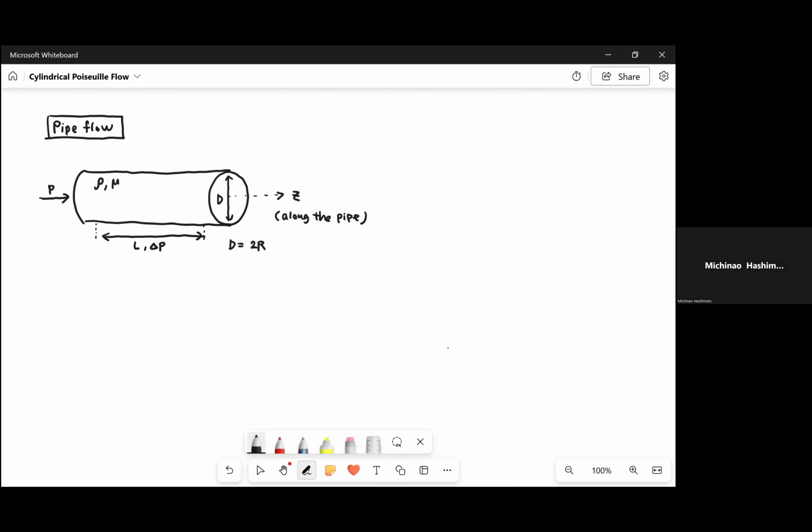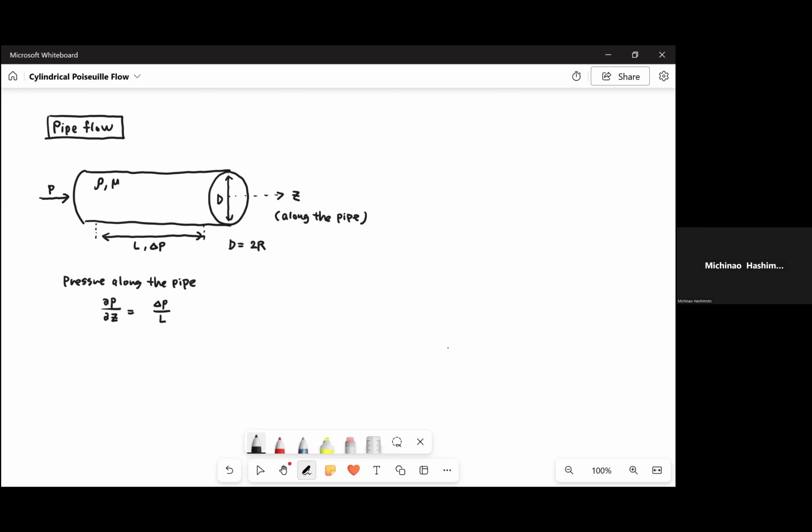Right. So given pressure applied to the pipe, we can have the same argument for the pressure along the pipe, which is dp/dz equals delta p over L. How is this p going to change?